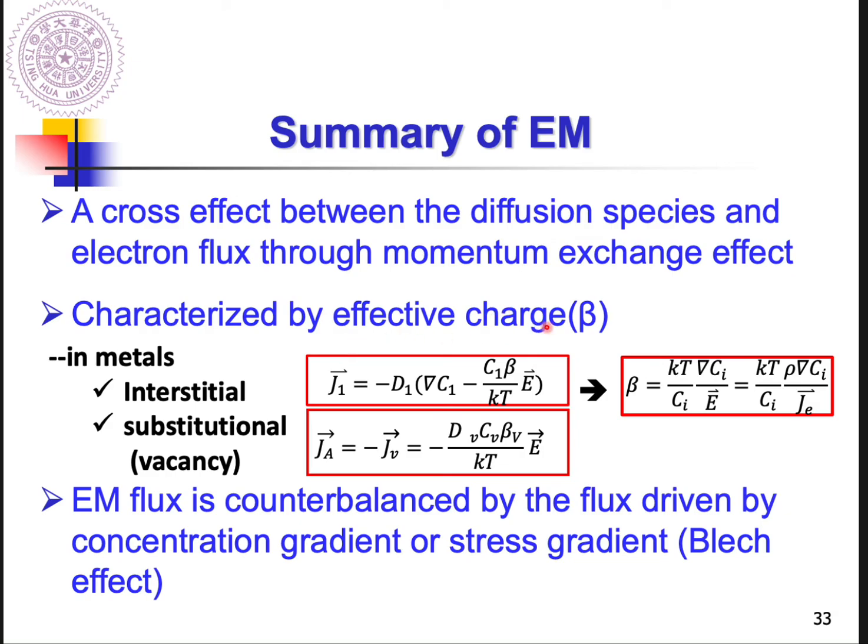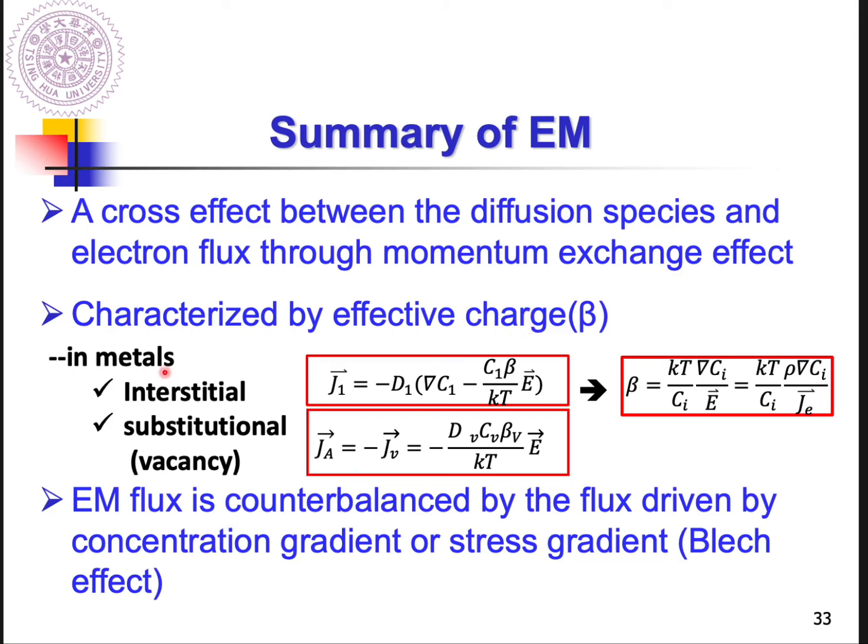We call it the effective charge to describe the direction of the moving species. If beta is negative, that tells you the direction of the moving species is the same as the electron flow. On the other hand, if beta is positive, the moving species is probably a vacancy or something, moving in the same direction as the current.